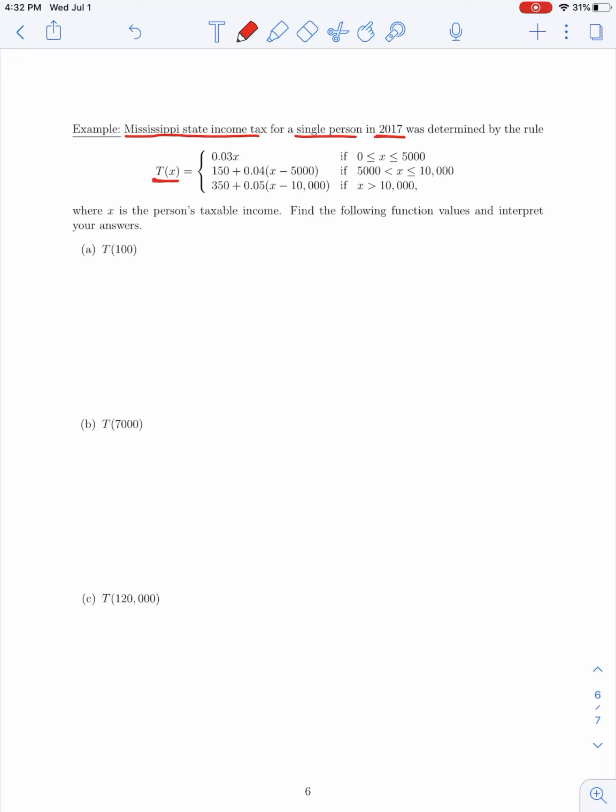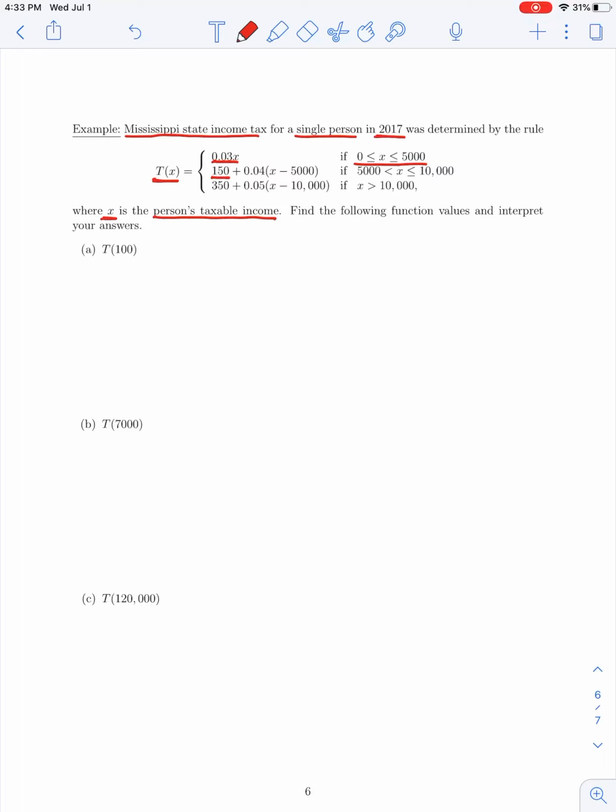T of x, their income tax, was a function of x, where x is the person's taxable income. The tax was 0.03x, so that is 3% of their taxable income, if the income was between 0 and 5,000.